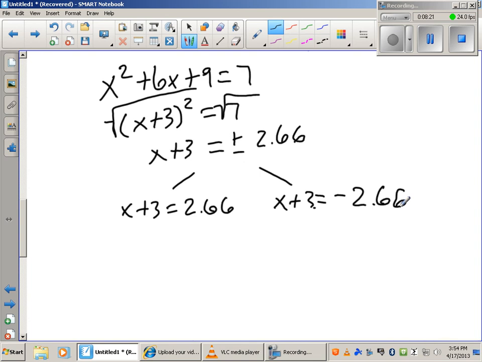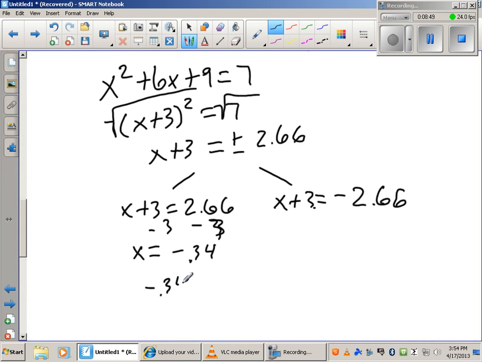So we subtract this 3, and you get x equal to negative 0.34. So our coordinate point here is negative 0.34, comma 0.